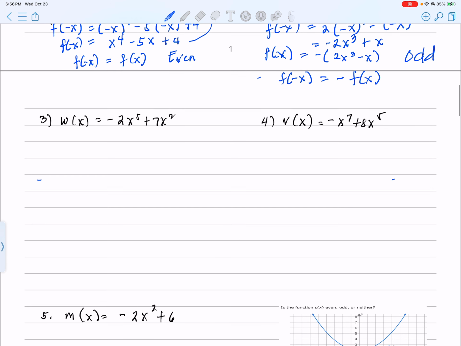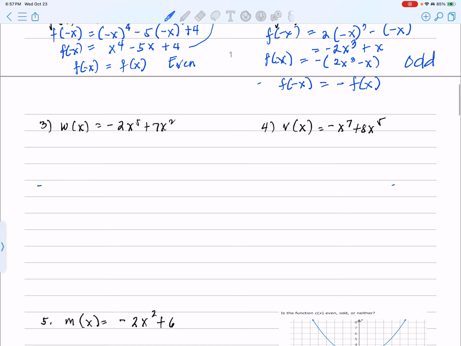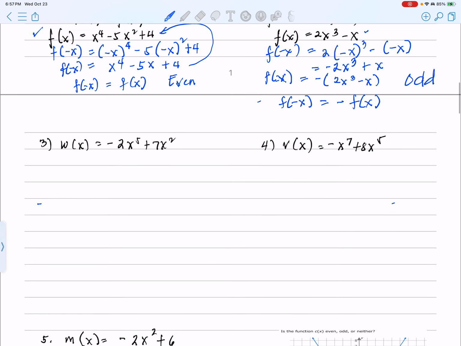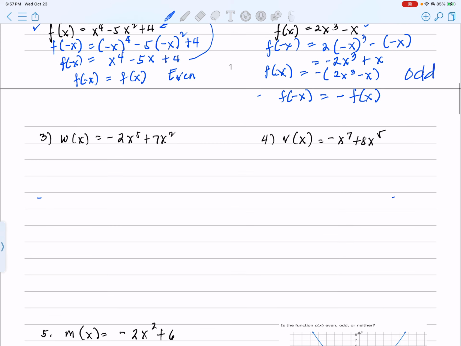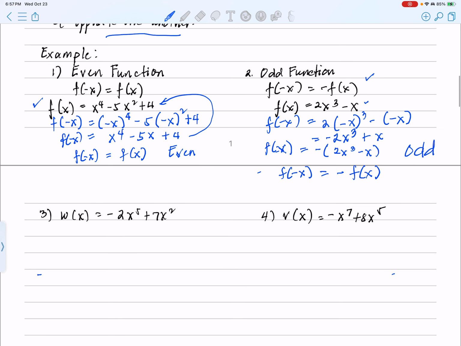Let's have number 3. W of x is equal to negative 2x to the 5th power plus 7x cubed. I could tell, since the degree here is 3, the degree is odd. If the degree were even, you could tell right away, okay, maybe this is even.